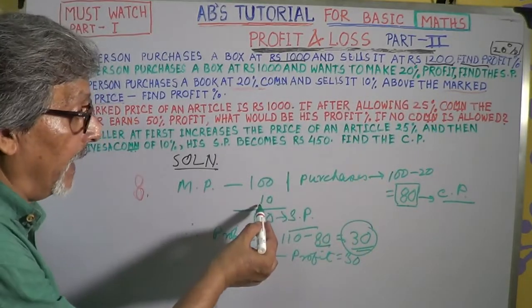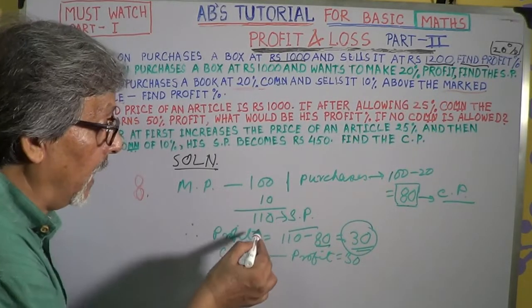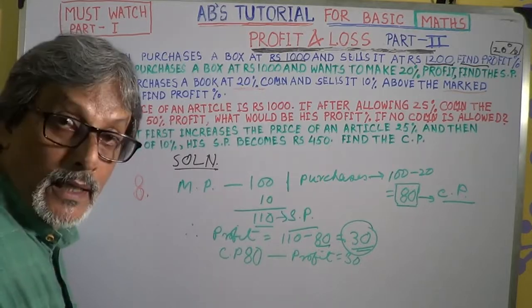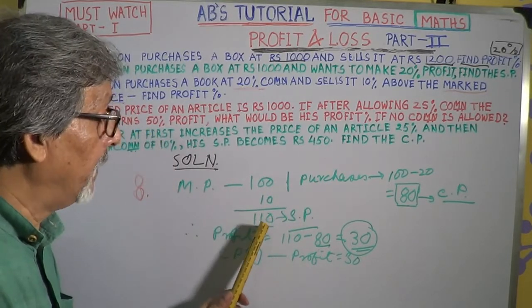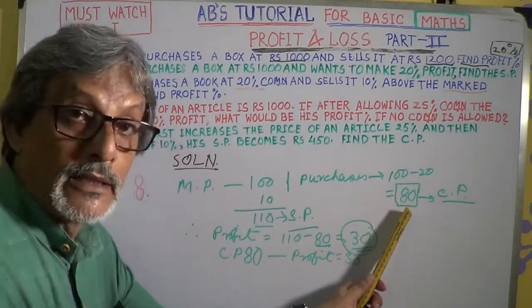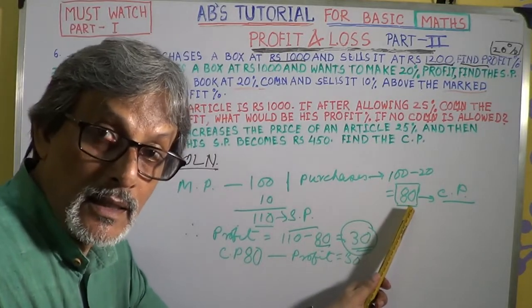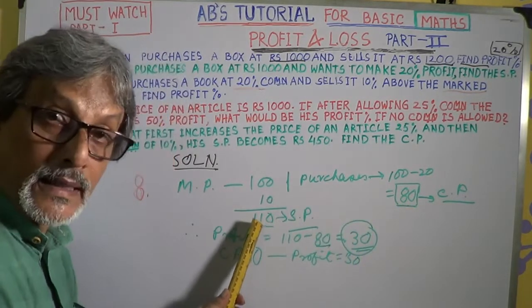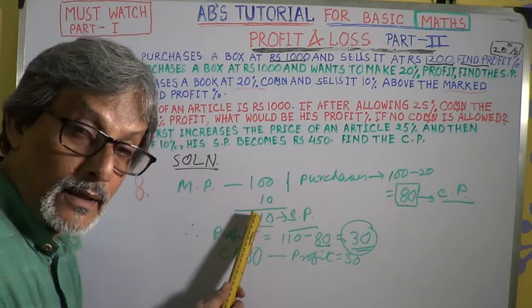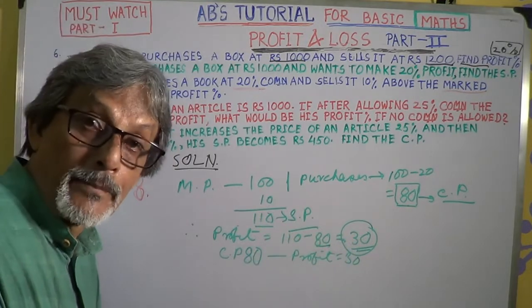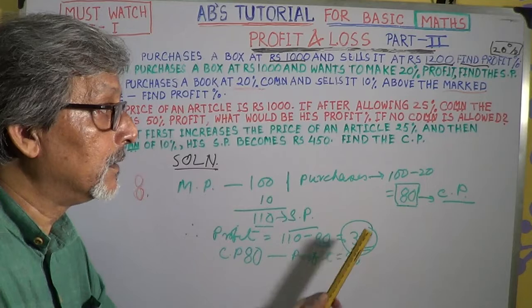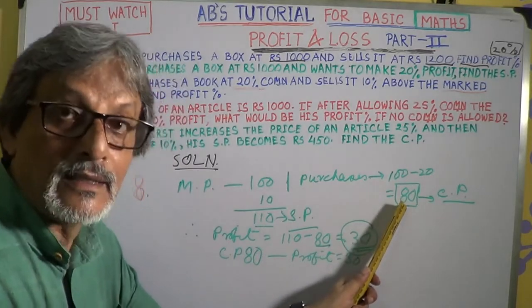So we have added rupees 10 here, and we have got 110. This is the selling price of this person, and he is making a profit. How much? He has invested only rupees 80, and he is selling this article for rupees 110. So he has made a profit of rupees 30. But this rupees 30 is on 80.